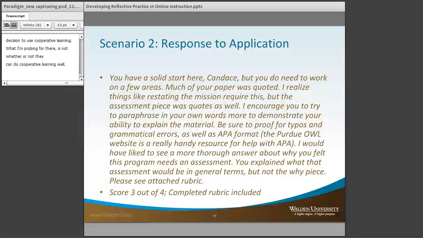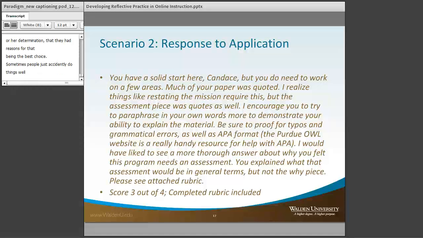What I'm looking for there is, did that teacher consider different strategies and decide upon cooperative learning because, in his or her determination, they had reasons for that being the best choice? Sometimes people just accidentally do things well.